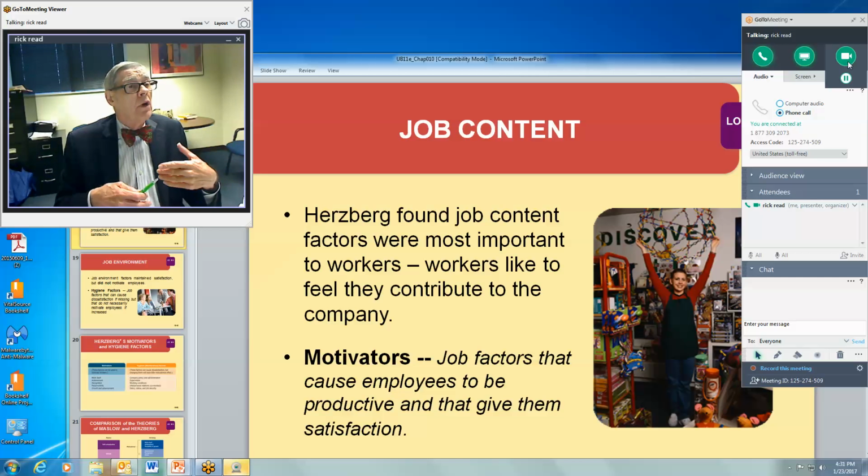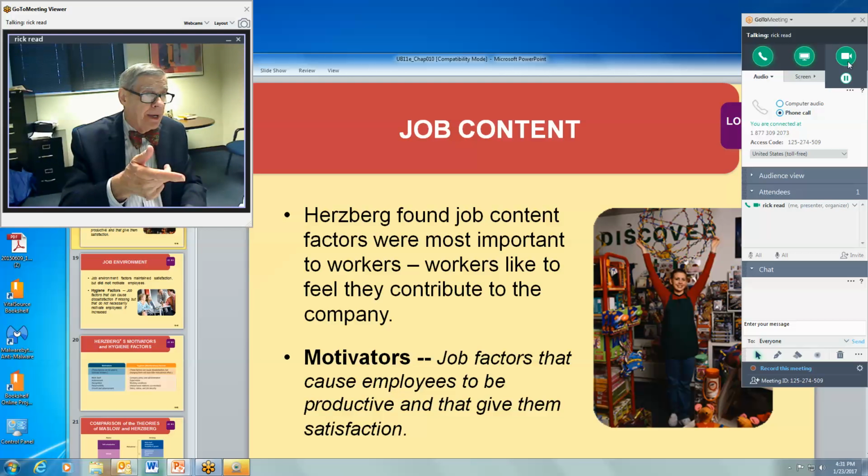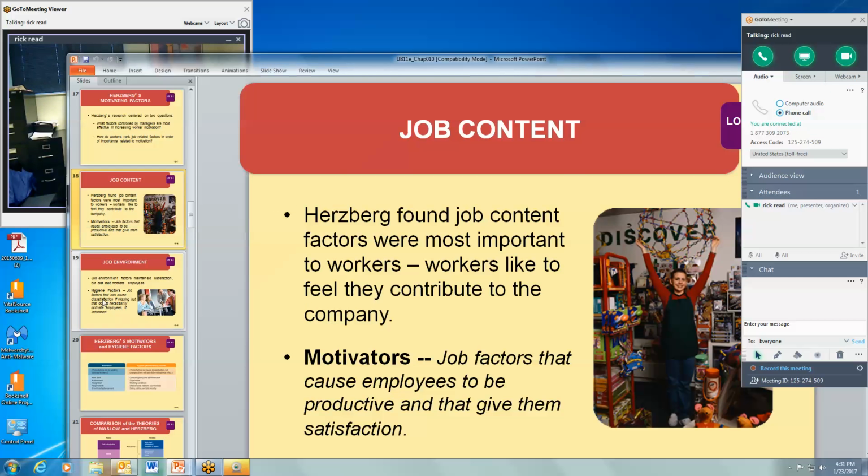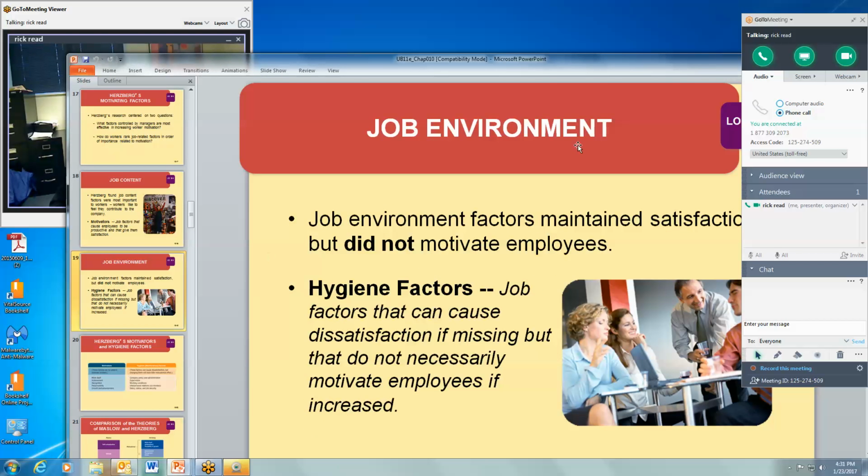And what he called hygiene factors, those that had to do with the job context, not the job content, or the environment of the job, if you prefer. And those things are like pay, working conditions, managerial, how well they work with you, working with others, etc. And he said, here are the hygiene factors.